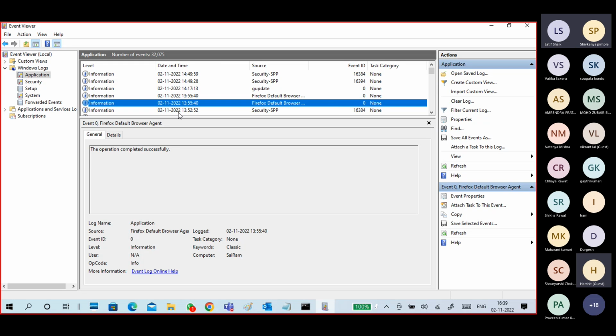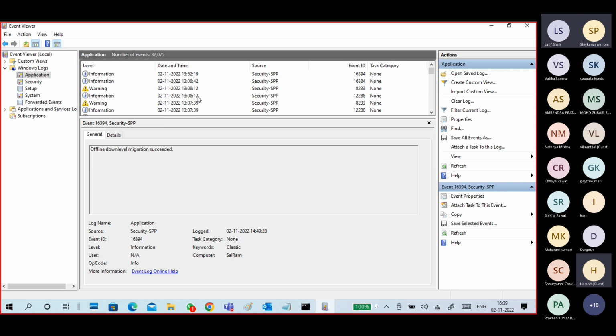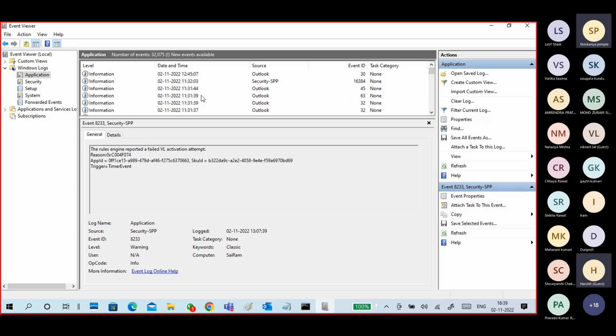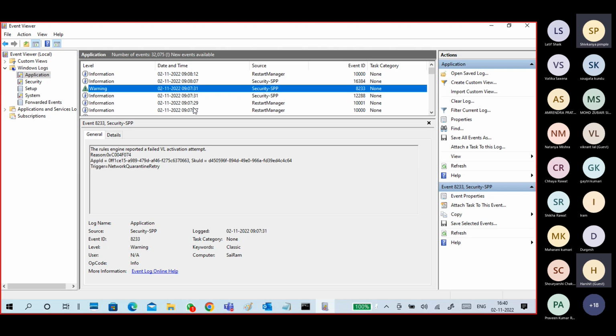The operation completed successfully, application updates, and there is a warning: an attempt on some product with VL, meaning volume licensing, failed. So all these things come under kernel.